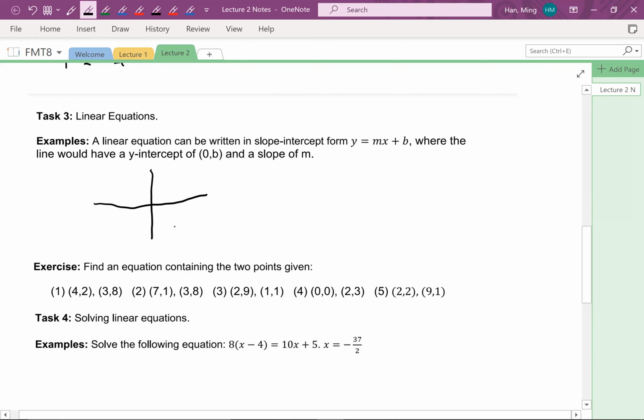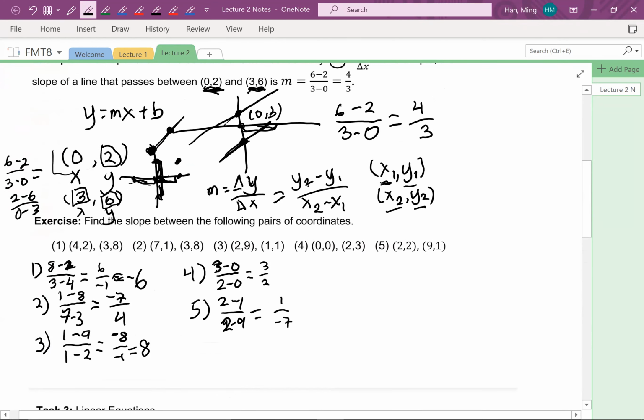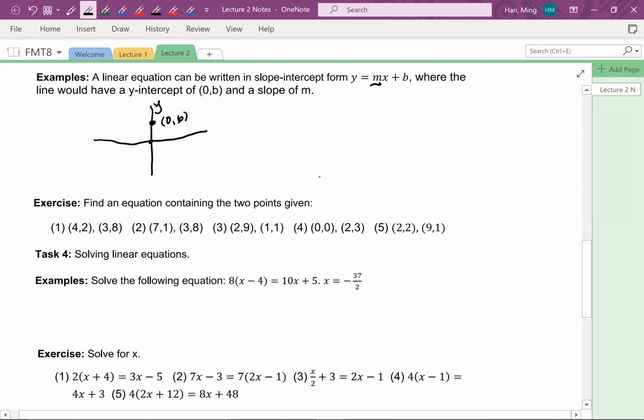So this is the y-axis, and the y-intercept is 0, b. And the slope is m. That's what we found before. That's basically the rate of change between any 2 points on the line.